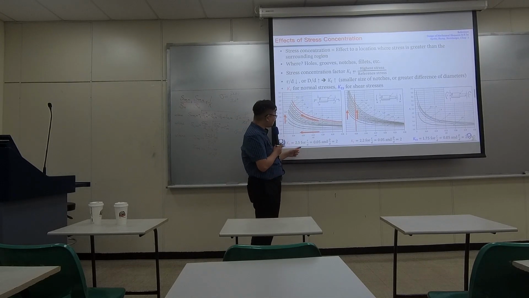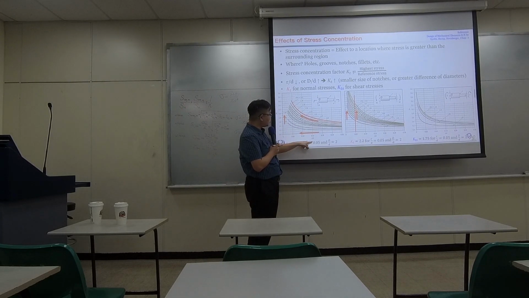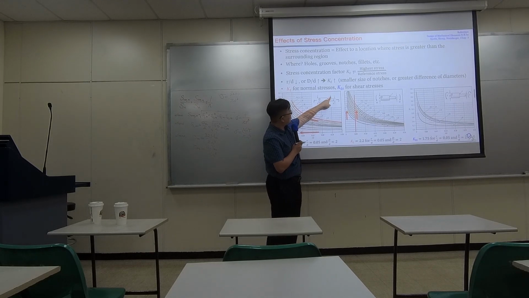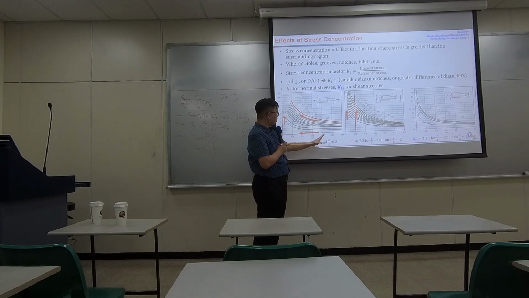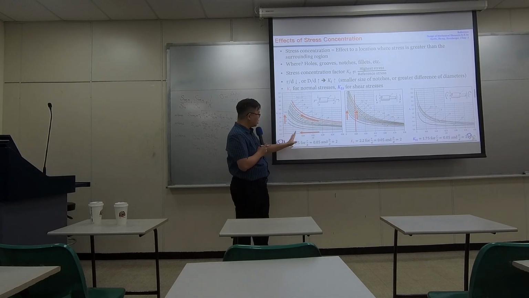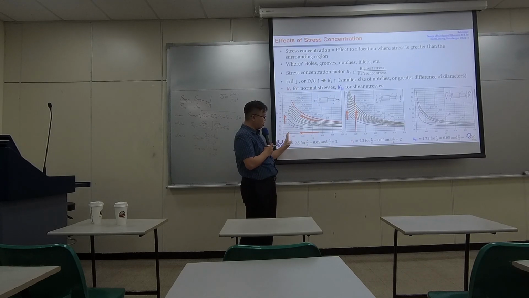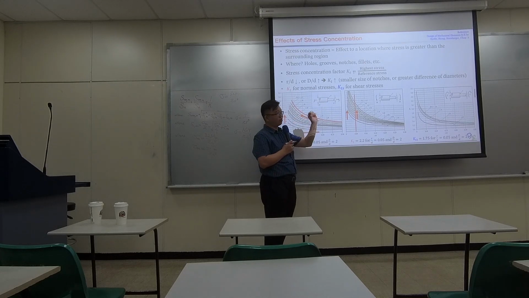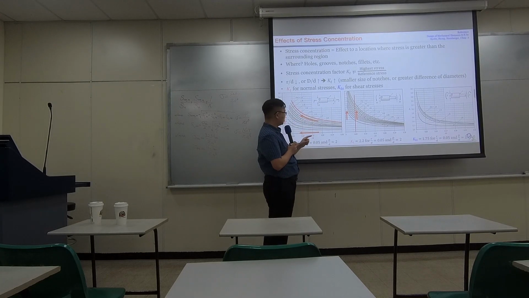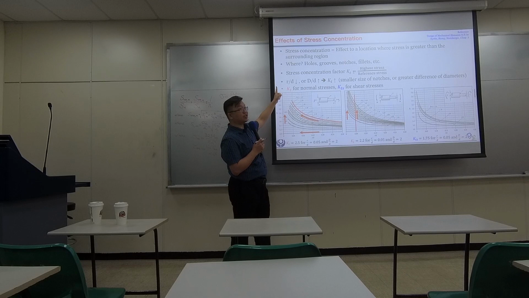If you have the ratio of the radius of the fillet over the smaller diameter, small r over small d, and when this is lower, that means you have smaller fillets, then the K value increases.